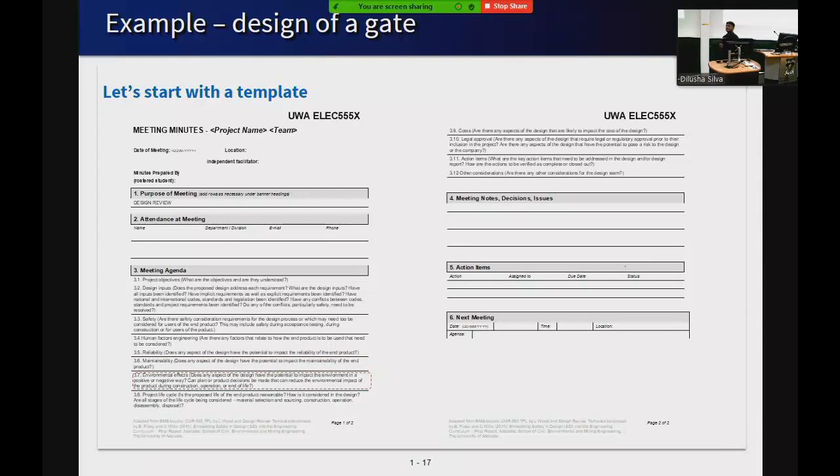Environmental aspects. Anybody? What environmental aspects can you think of? Well, that's a good one. Noise.